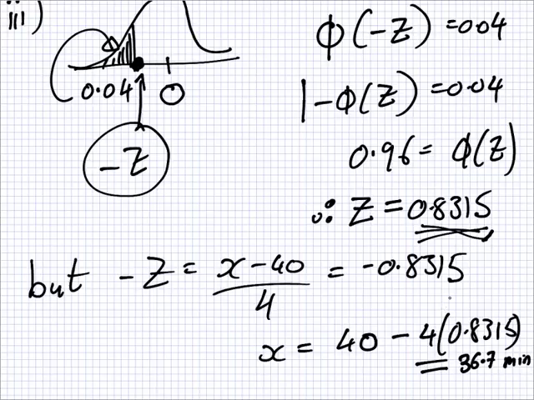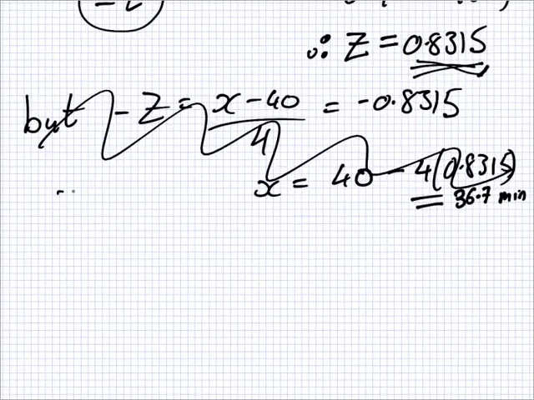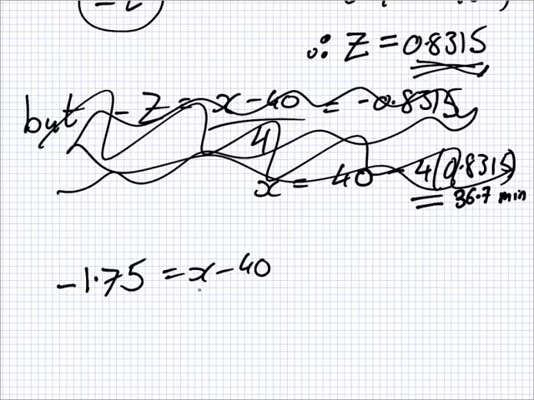Okay, that's where I did it differently. Alright, what should it be then? 1.75. 1.75 equals x minus 40 over 4.